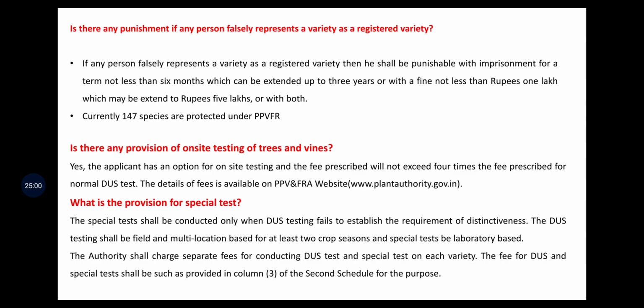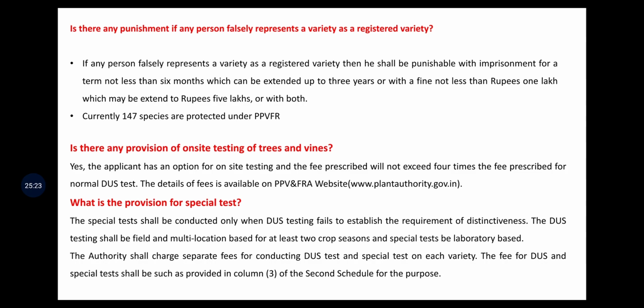Provision for special tests are that a test should be conducted only when DUS testing fails to establish the requirements of distinctness. That means of the four principles, that is novelty, distinctness, uniformity and stability, इनमें से distinctness fail हो जाएगा, then only the special test, DUS test, can be conducted.